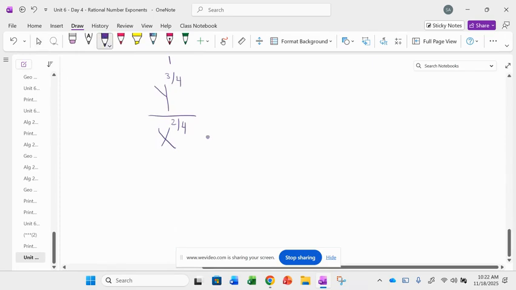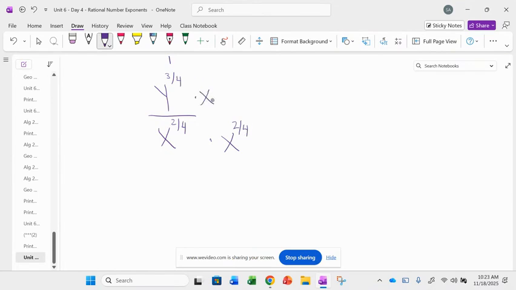So here I have x to the 2/4. What's the closest whole number to 2/4? Wouldn't it be 4/4? So I have to multiply by x to the 2/4 to get 4/4. So in our denominator, I have x to the 2/4 times x to the 2/4, which is x to the 4/4, which is just x.